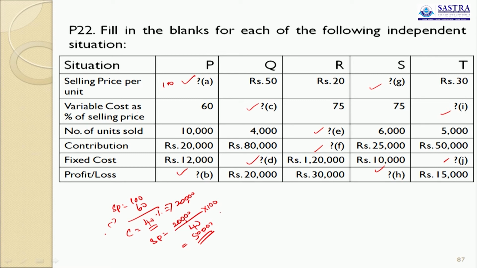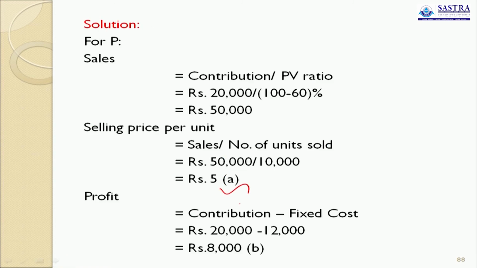So selling price per unit, number of units sold 10,000. Selling price is rupees 5 per unit.